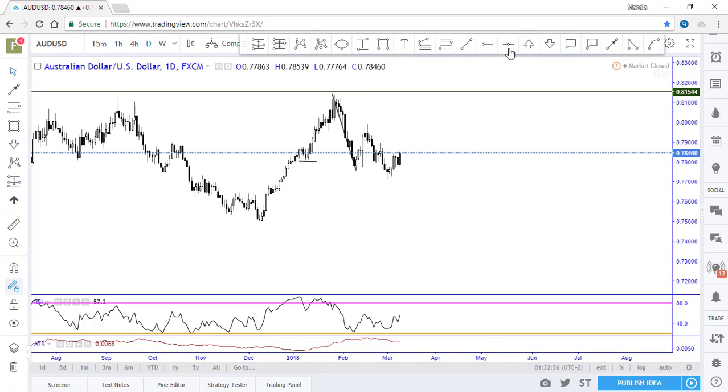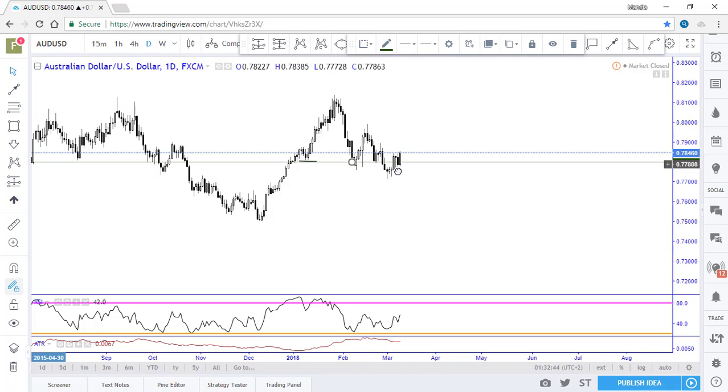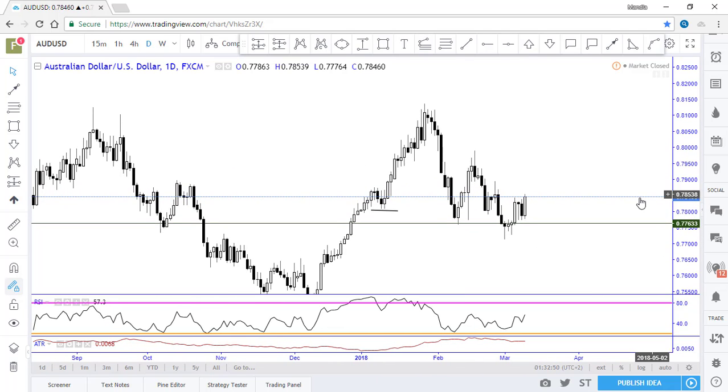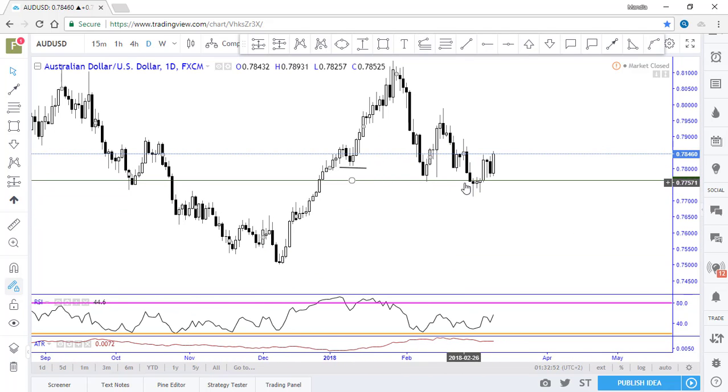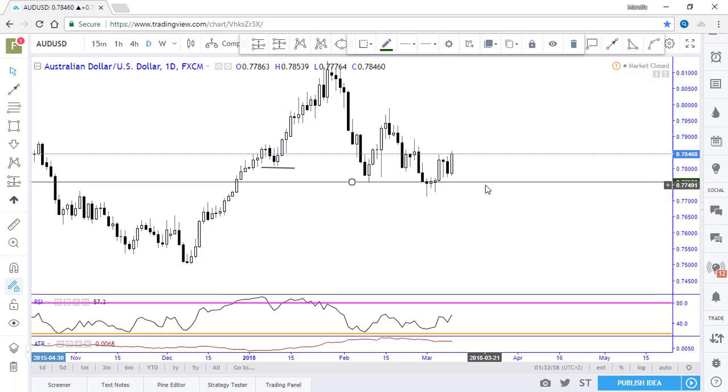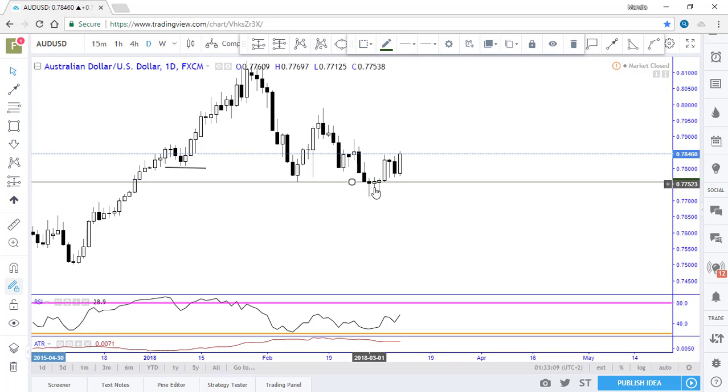Well, as I take my horizontal line and put it back to our latest previous support, you would notice, as I zoom in, that price not only gave us a lower low with these wicks, it gave us a lower low, lower close, as the bodies of these daily candles right here are lower than this low right here.